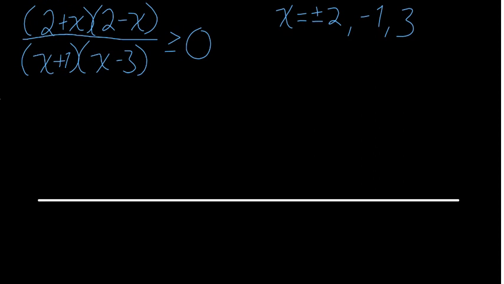Going left to right on the number line, we're going to say 1 here, 1 here, 1 here, and 1 here. Again, left to right, this one is going to be a negative 2, this one will be a negative 1, this will be a positive 2, this will be a positive 3. These numbers are just simply these numbers.